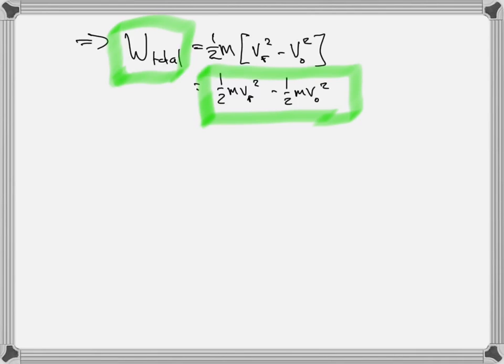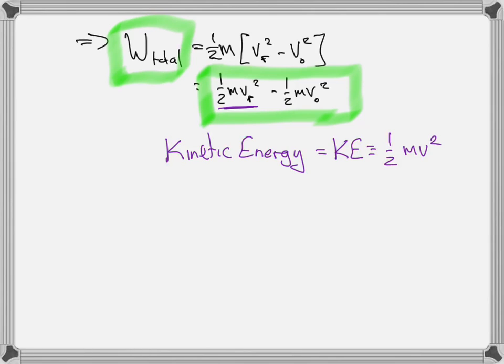And because this is so important, we recognize that this quantity, 1/2 mv squared, is an energy, and we call it the kinetic energy. We call it the kinetic energy. It's identified as the energy of motion, which is abbreviated KE, and KE is simply defined as 1/2 mv squared.